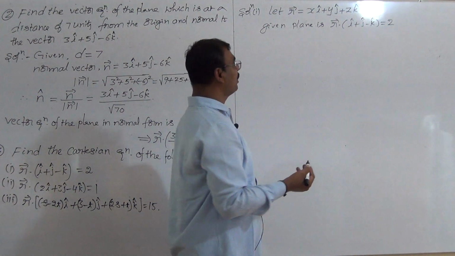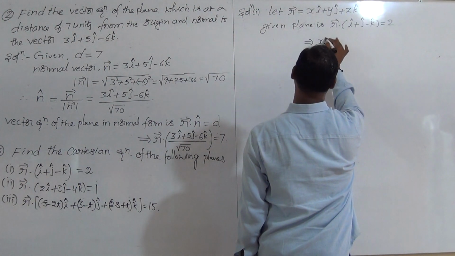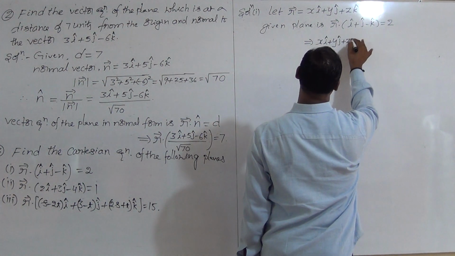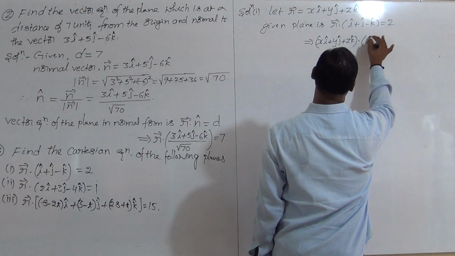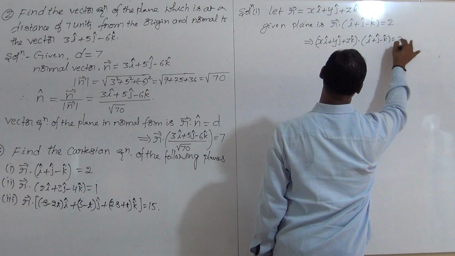So substitute here. We get x into i cap plus y into j cap plus z into k cap dot i cap plus j cap minus k cap is equal to 2.